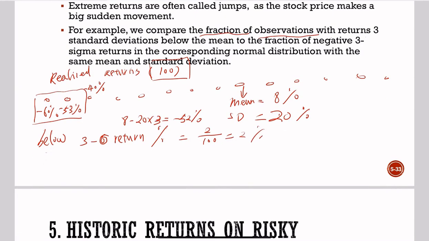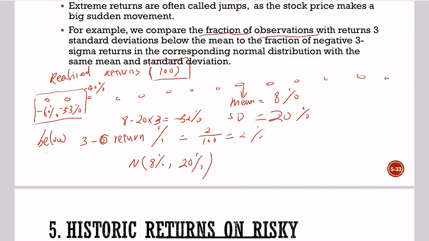And next, you want to think about what is the fraction of this kind of below 3 sigma return if your return satisfies a normal distribution. So what you will do is you will look at a normal distribution which has a mean of 8% and a standard deviation of 20%.